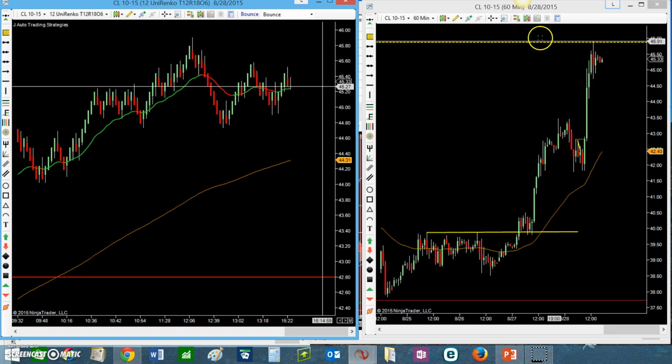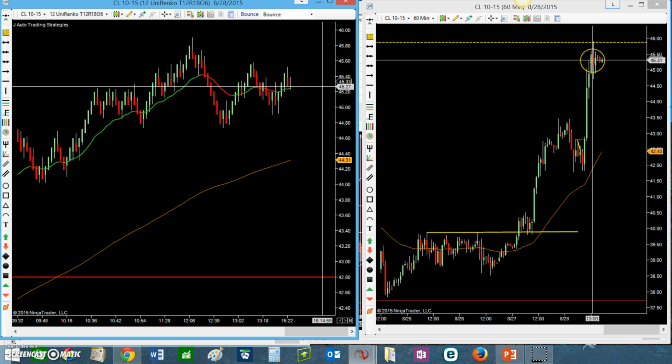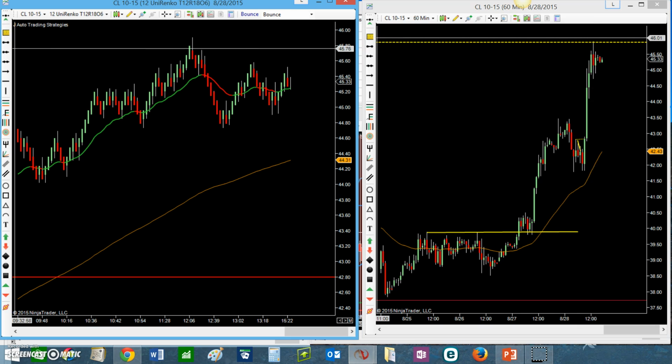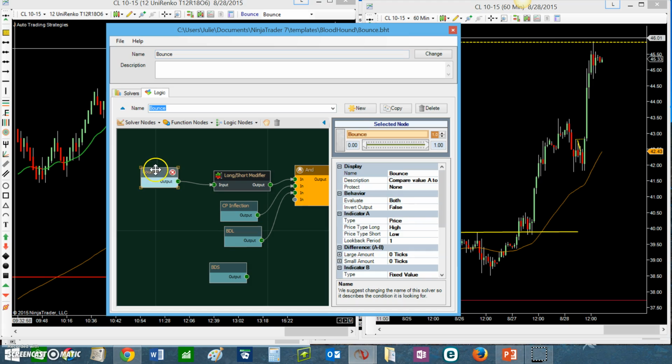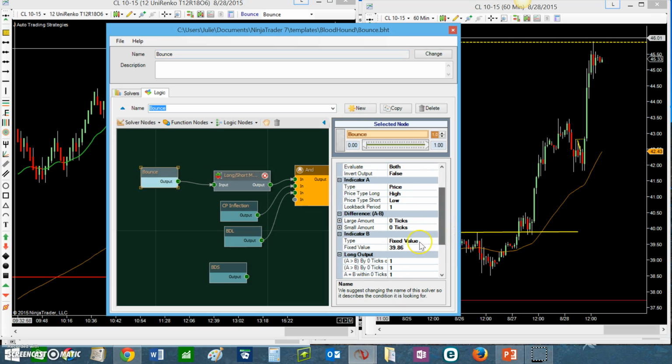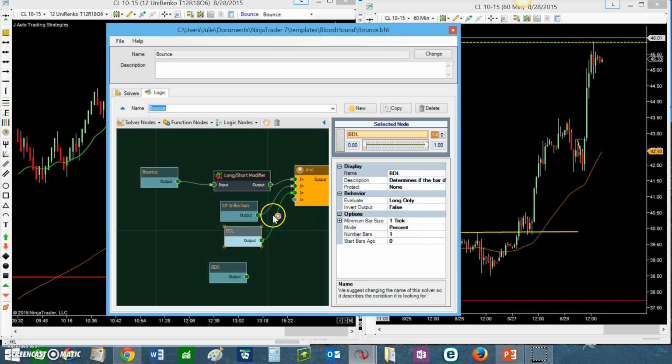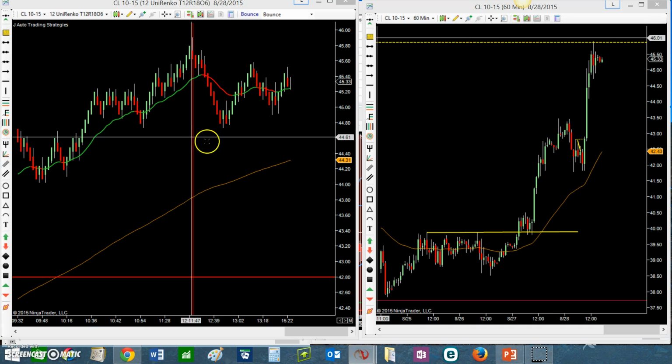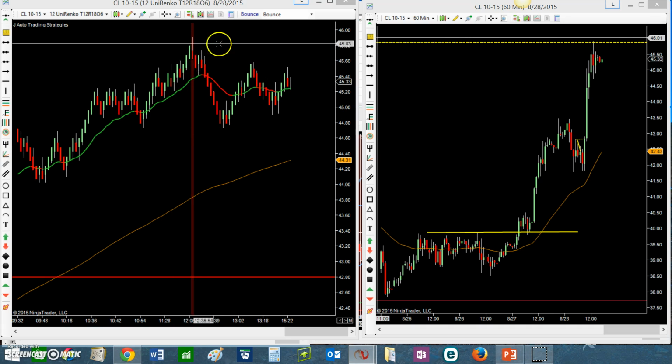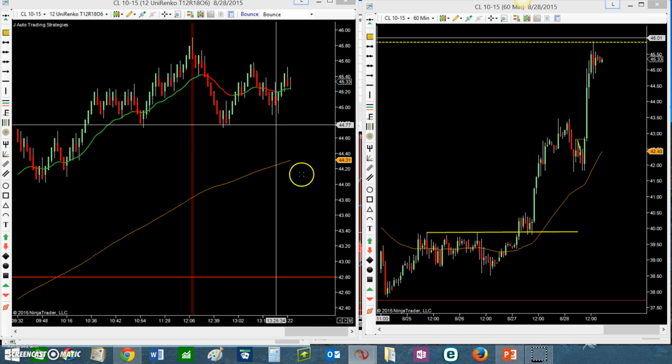That's where it went up to. So if you were to type your level in, change the level to 45.82, and then change the bar solver direction to short because you want to take a short, then you come back and look at your chart, and there it is. Boom. You got the level and you got in short.